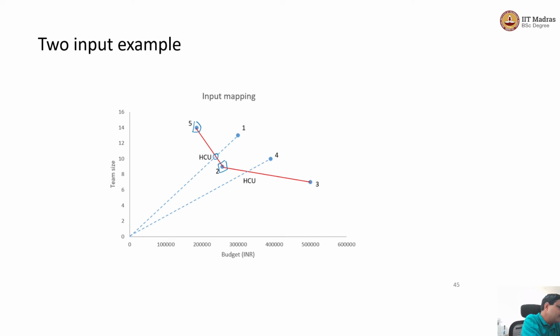What is this HCU here? This HCU here is 237,540 and about 10.